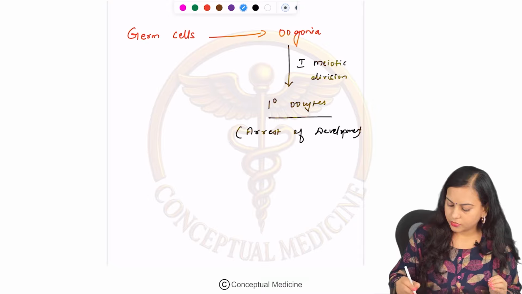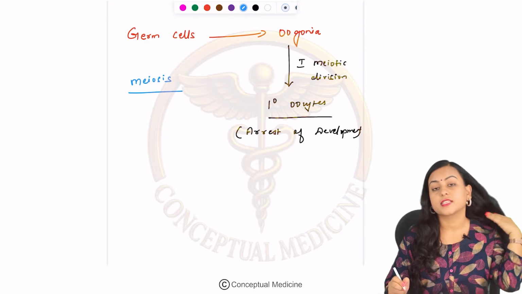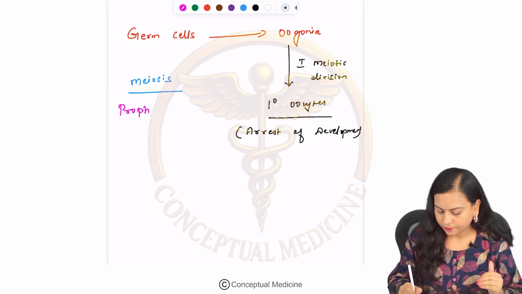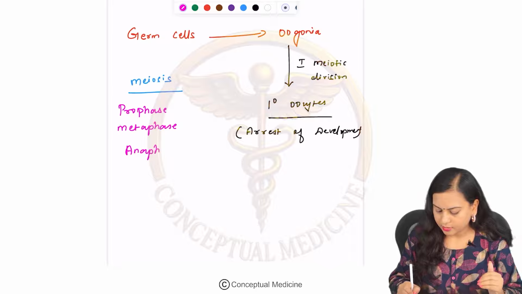When you speak about meiosis, there are 4 phases: prophase, metaphase, anaphase, and telophase.